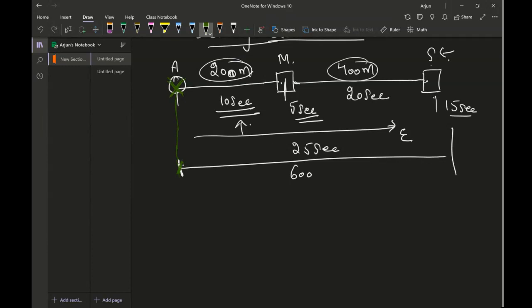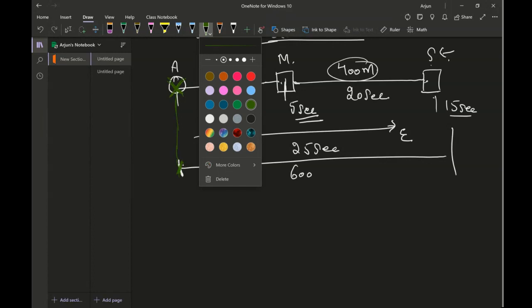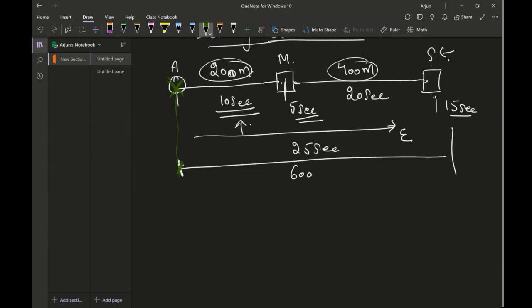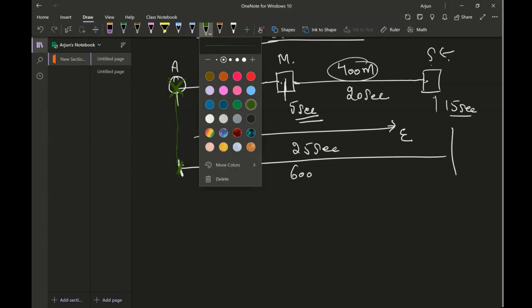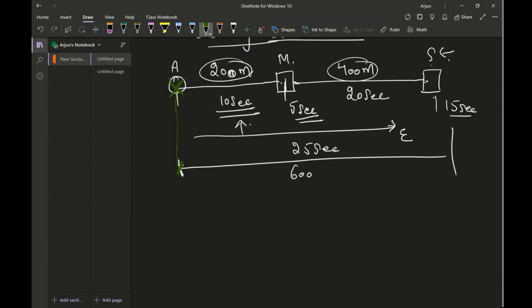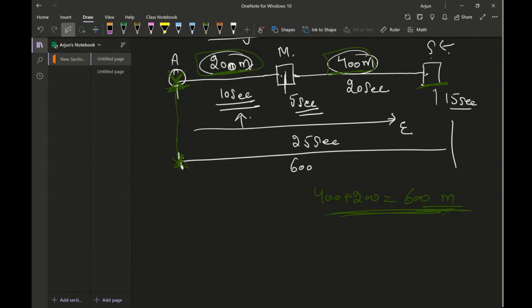But if I'm trying to find the net displacement between his home and school, then it will be equal to 200 plus 400, that will be 600 meters. That will be the displacement covered by the person from his home to his school. But if he comes back home, then the net displacement will become zero.